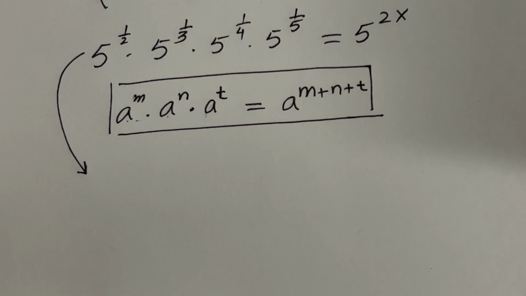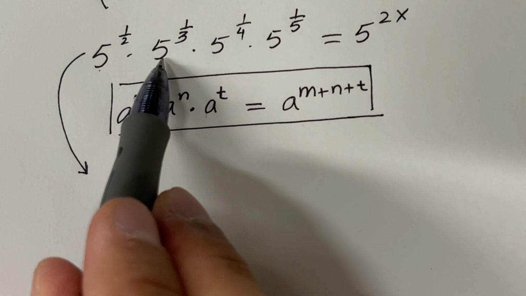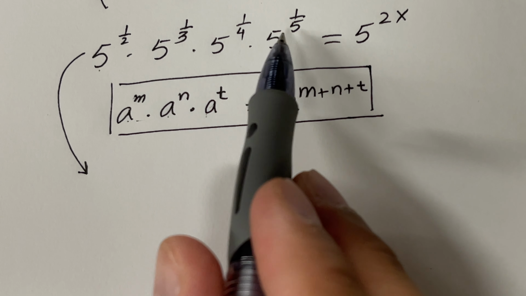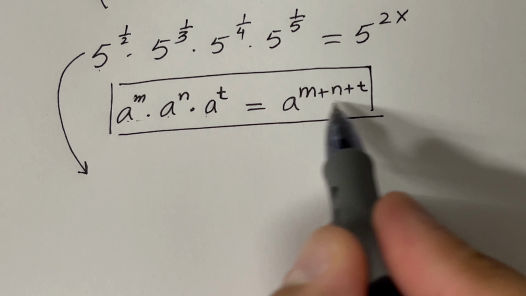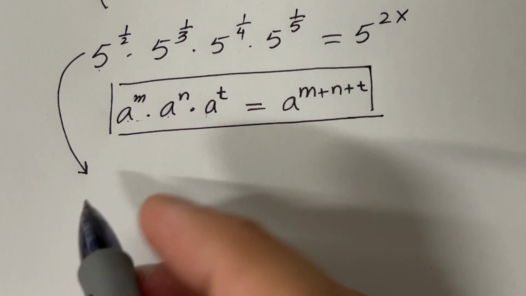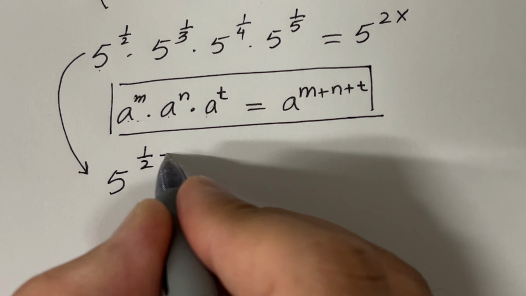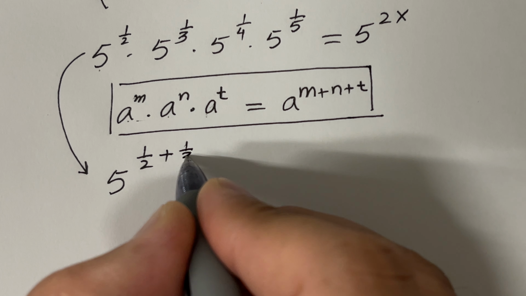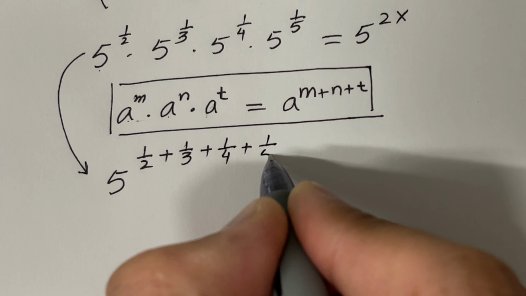So if you look here, don't we have a situation like this? Instead of a we have 5 and we have some exponents. We don't care right now what these exponents are, we will figure out later, but let's use this property. Then we can simplify to 5 raised to the power first exponent plus the second exponent plus the third exponent plus the fourth exponent.